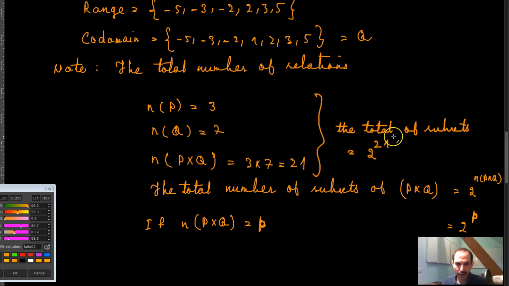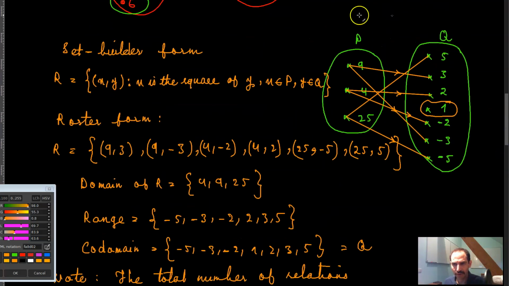Which is incidentally also equal to the total number of relations that can be defined on the Cartesian product of the two sets. Because you have the Cartesian product of the two sets, you define some relation on that Cartesian product, and based on that you will get some relation. Now these relations are nothing but a subset of P times Q, right? And for the same reason, the total possible number of subsets of P times Q is also equal to the total number of possible relations that you can define on P times Q.